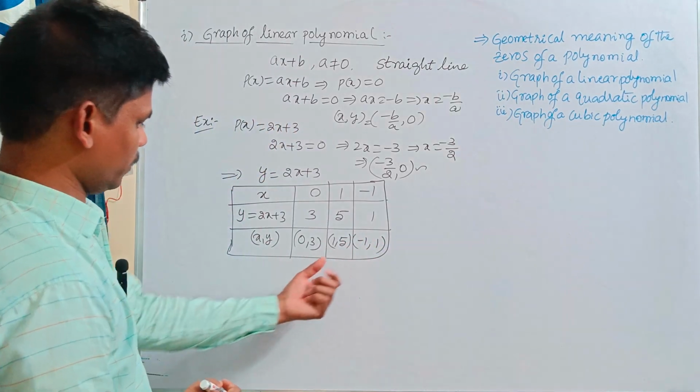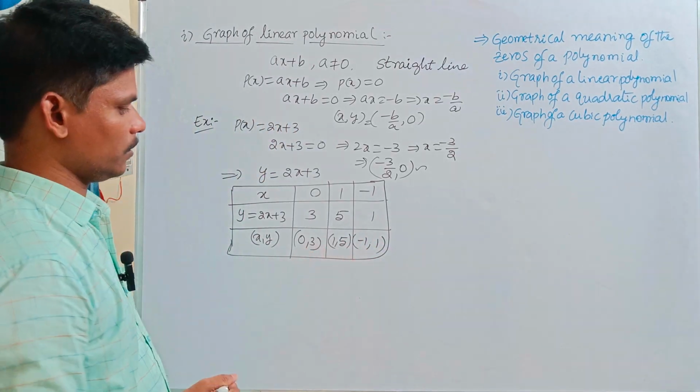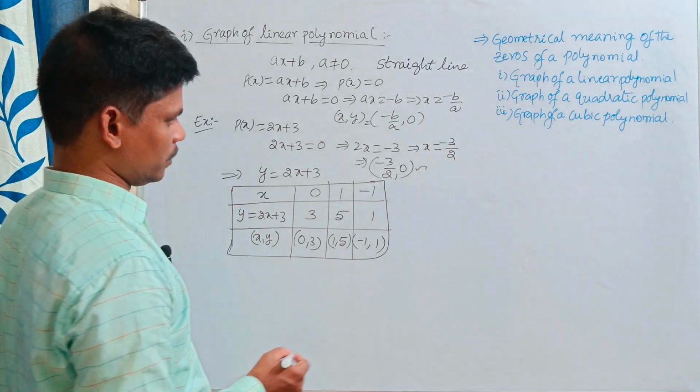Showing these 3 points on the graph, they form a straight line.